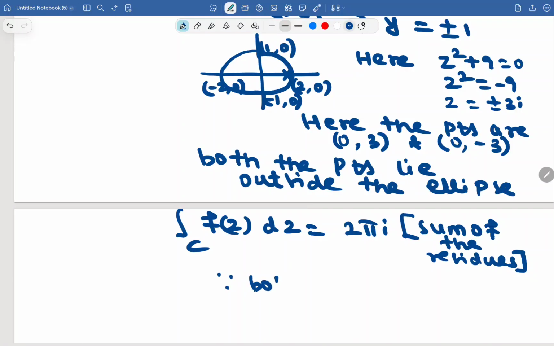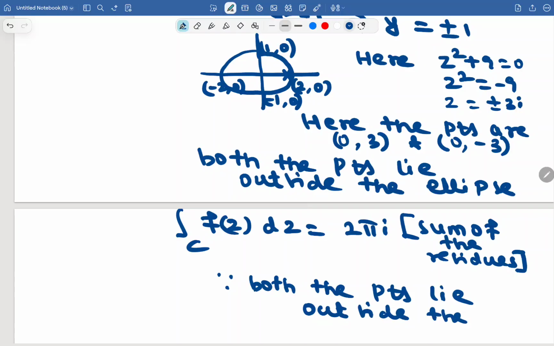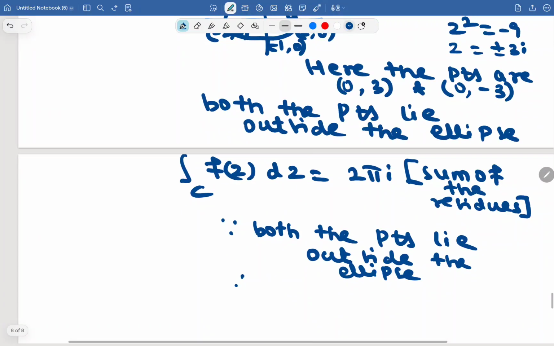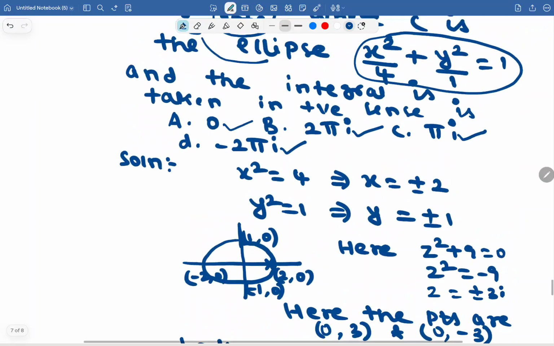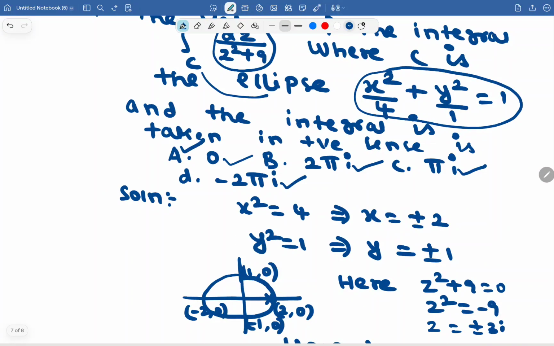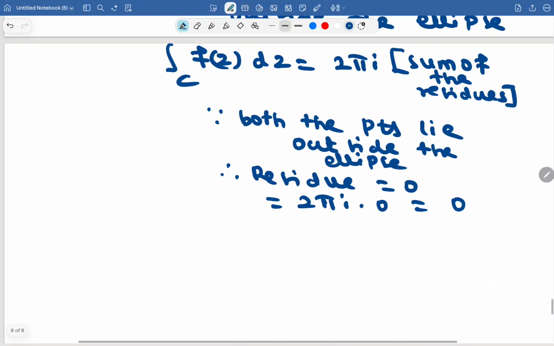Since both the points lie outside the ellipse, therefore the residue is equivalent to 0. Therefore integral over C f of z dz is 2 pi i into 0, which is equivalent to 0. For this problem, option A is the correct option. Now I am going to discuss the problem, fifth one.